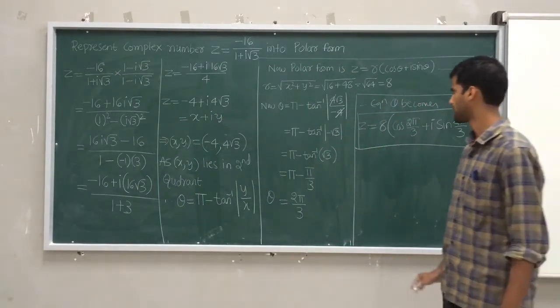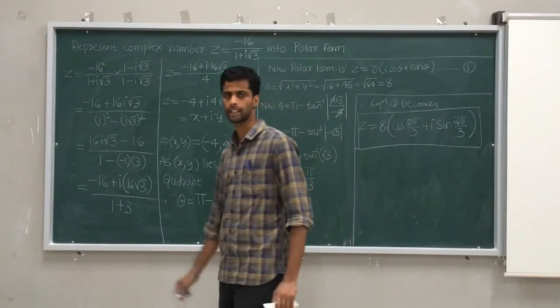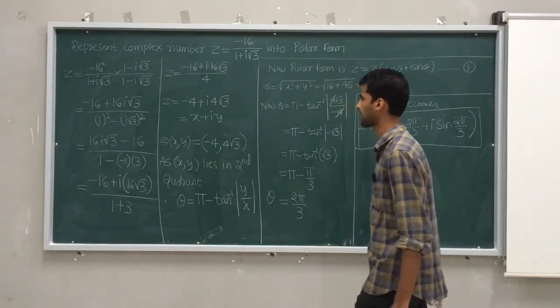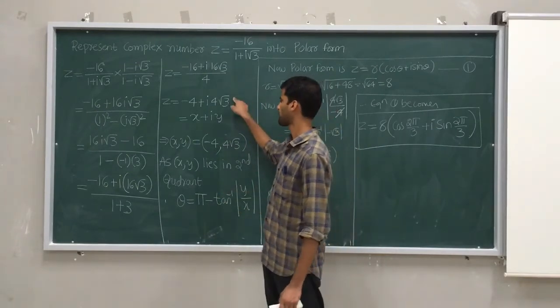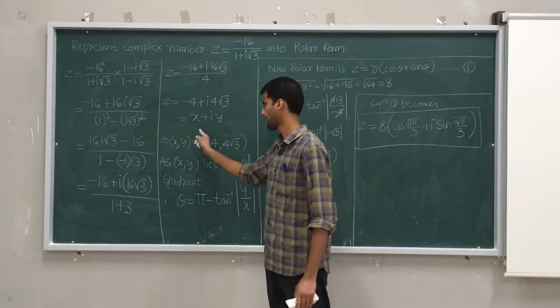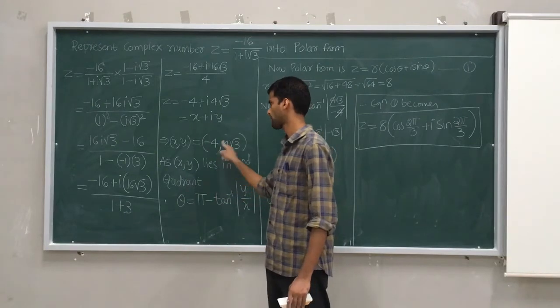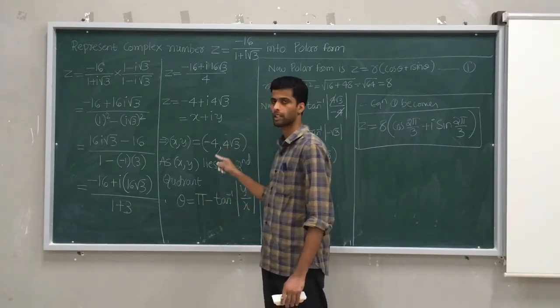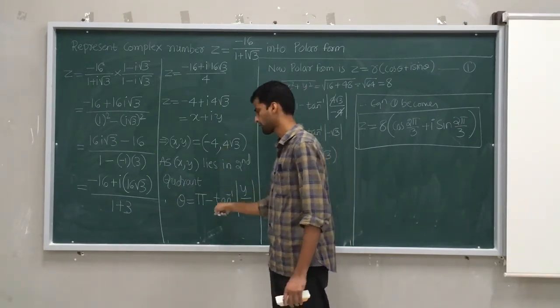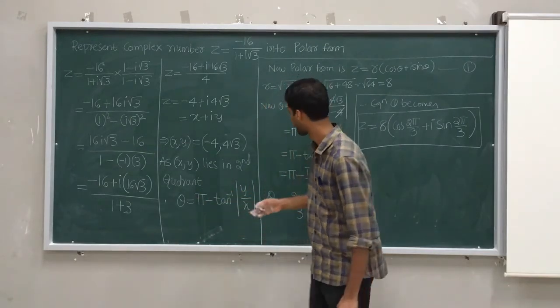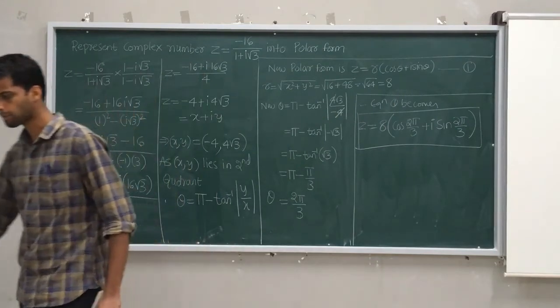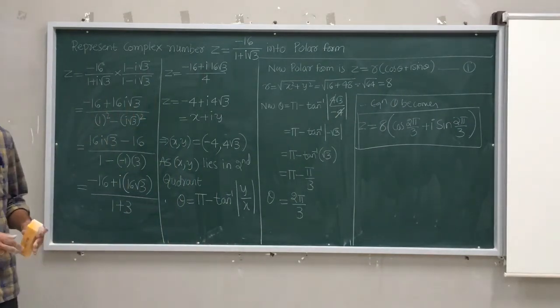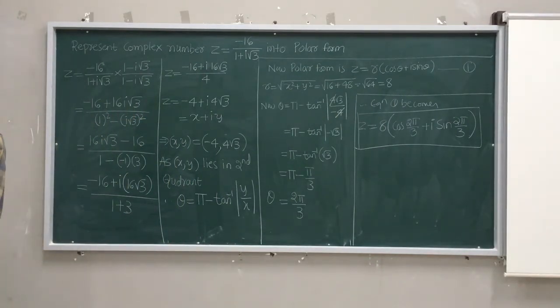This is the very important thing in solving the problem. All you need is to convert it into standard form. If it is already there, no need to worry. Convert it into standard form, compare to x plus iy, take x and y, then check in which quadrant it will come. In the first quadrant you know the formula, second quadrant is this formula, third and fourth also you know. So you just proceed and systematically follow. Therefore, for this question, 8 times cos 2 pi by 3 plus i times sin 2 pi by 3 is the right polar form.